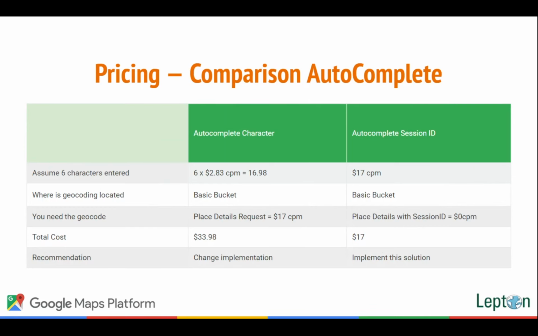In comparison, with autocomplete with session ID, I'm only getting charged $17 because basic data is freely available with the session ID mechanism. So that's the power of autocomplete with session ID. You get basic data freely available, and I also have unlimited number of characters available. So that's the advantage you can give to your users, to the enterprise users.